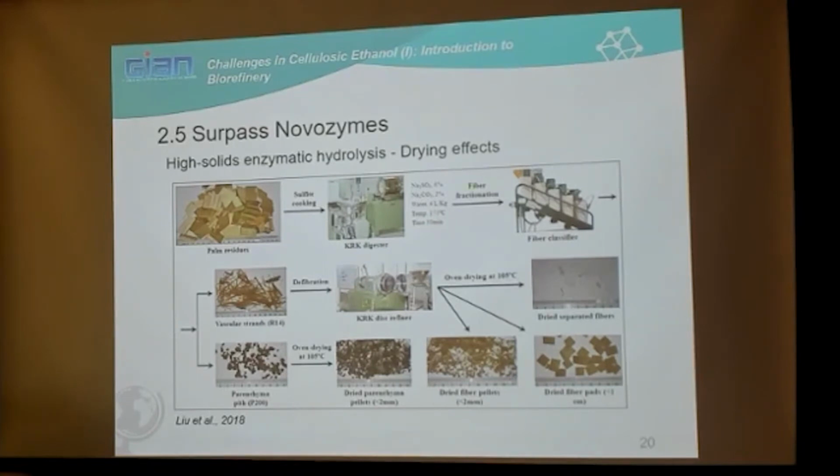So I developed a new technology, cell separation. This is a palm, the royal palm, very popular in South China. I use the leaf of the royal palm and do the sulfide cooking. Sulfide cooking is in this tank. It's a KRK digester. After the cooking, I do the fiber fractionation.